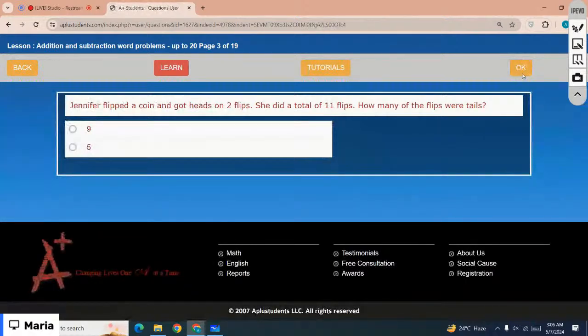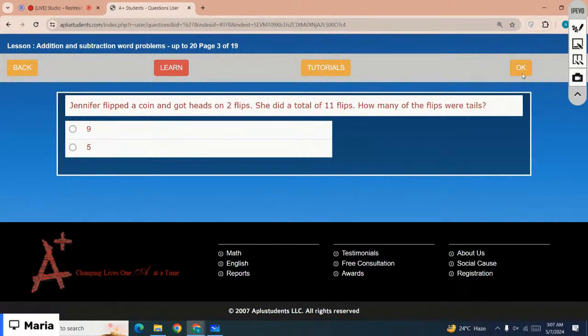Jennifer flipped a coin and got heads on 2 flips. She did a total of 11 flips. How many of the flips were tails? So, which is the correct option? The total flips she did is 11.